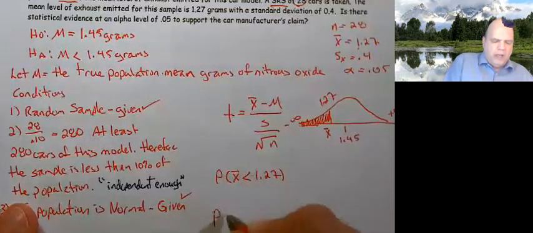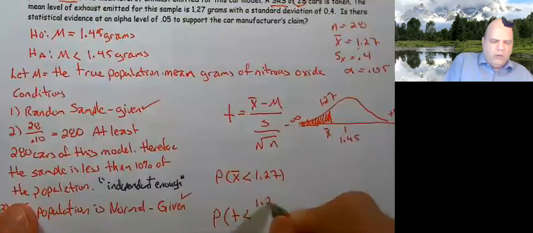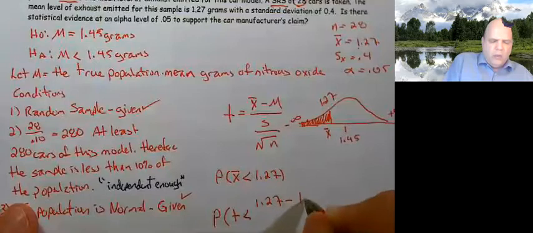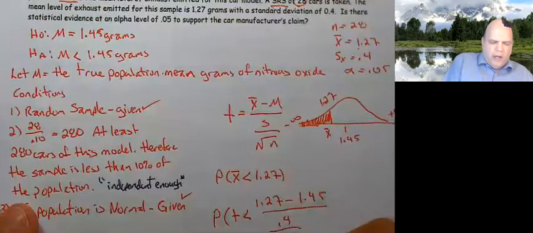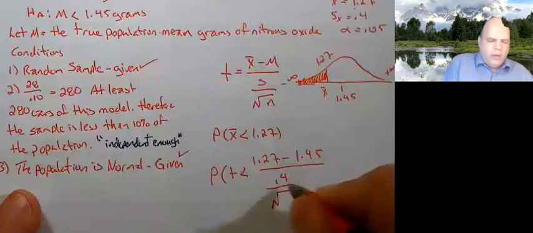And so because we're going to want the probability that X bar is less than 1.27, which is going to be the probability that T is less than 1.27 minus 1.45 over 0.4 divided by the root of 28.